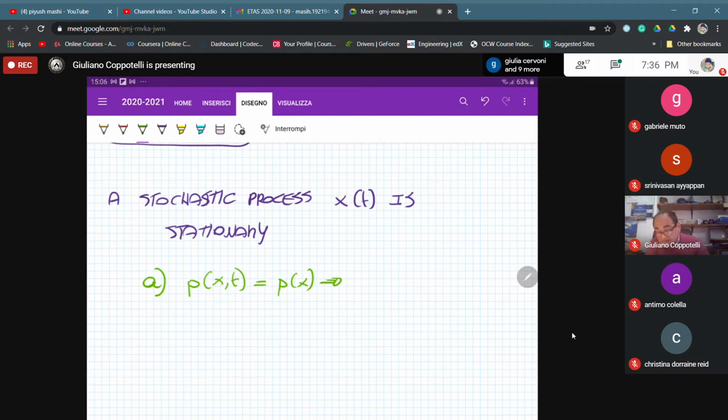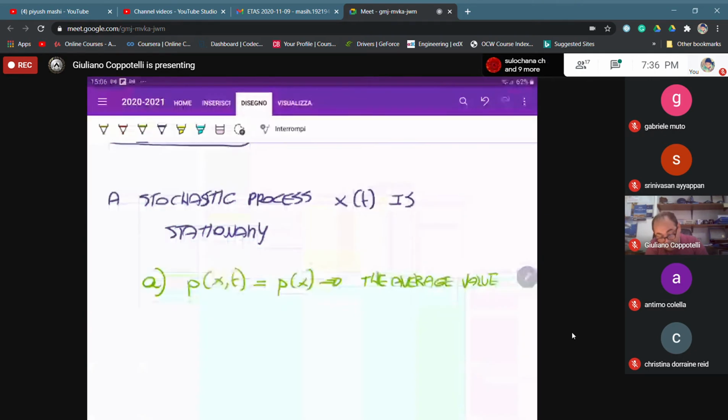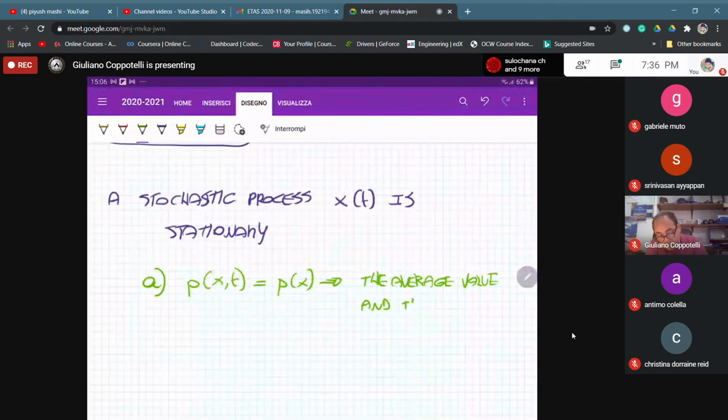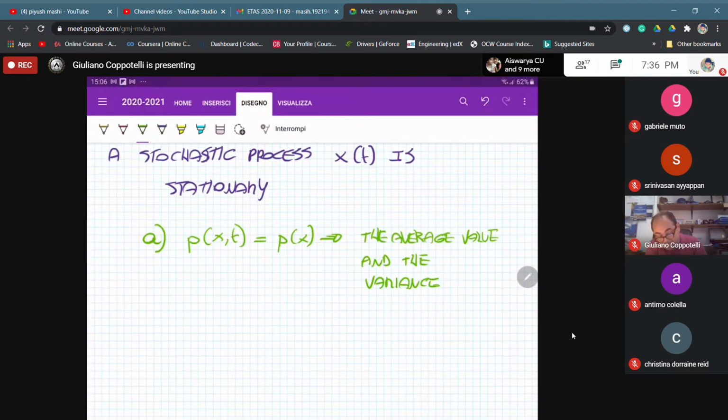That also means that the average value and the variance are constant in time, or with respect to the parameter t, to be more general. And that is the first property.